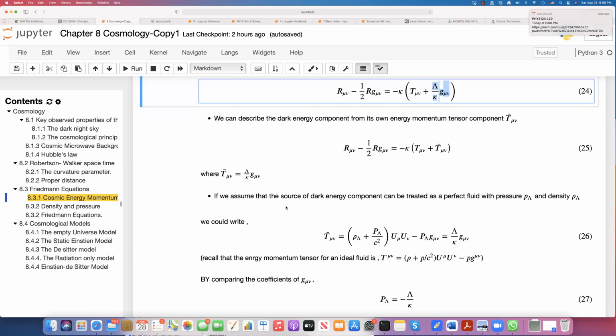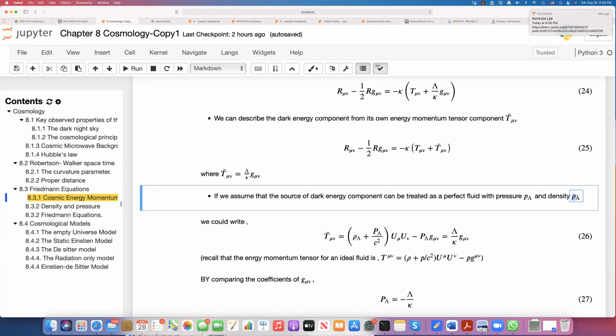Now, we don't know much about the dark energy, but if we assume that the source of dark energy, whatever it is, can be treated as a perfect fluid with pressure P lambda and density rho lambda, which we have used earlier as well, we can write this energy momentum tensor in this way, as in equation 26.